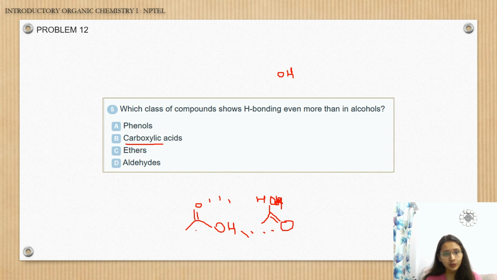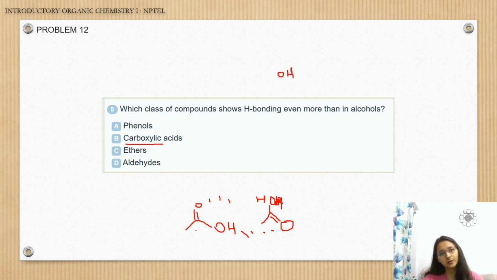It can be intermolecular or intramolecular hydrogen bonding, but you have two sides. At the same time, carboxylic acids form two hydrogen bonds, which is not possible in alcohol, because alcohol at one time forms only one hydrogen bond, right? In the case of a carboxylic acid, both acceptor and donor are attached, so that is why they are able to form two hydrogen bonds simultaneously.